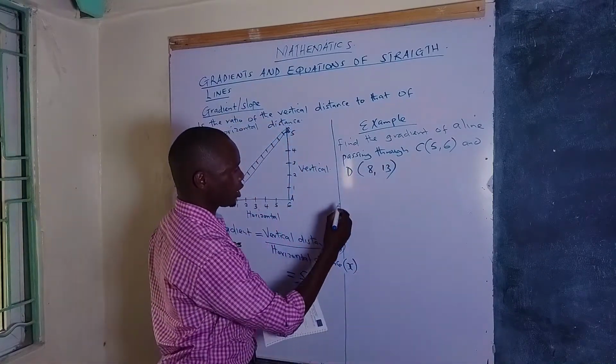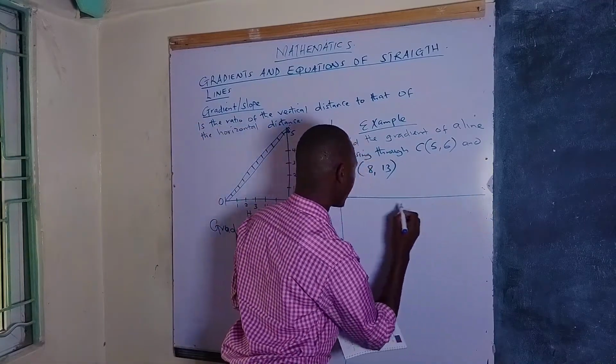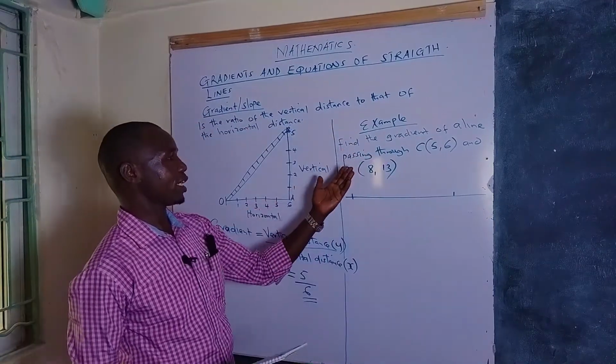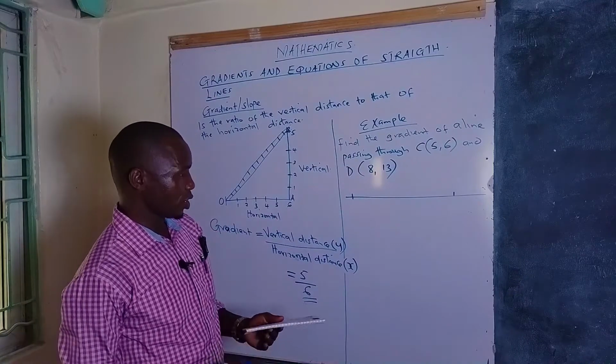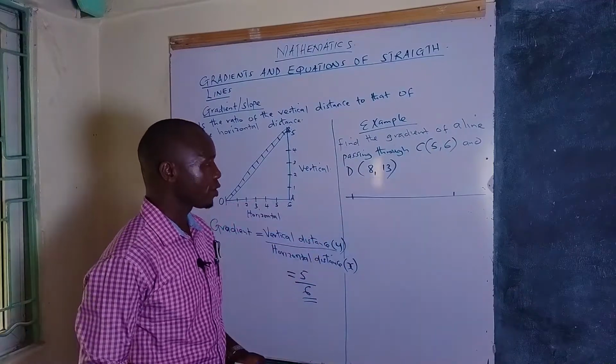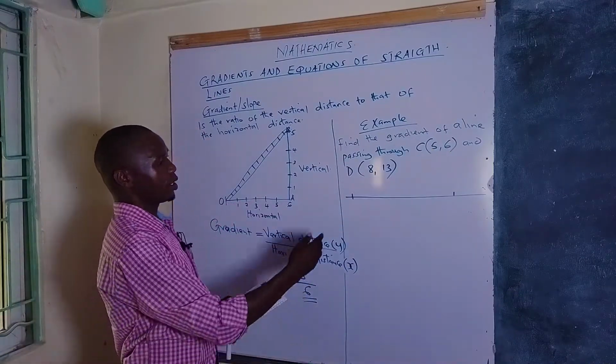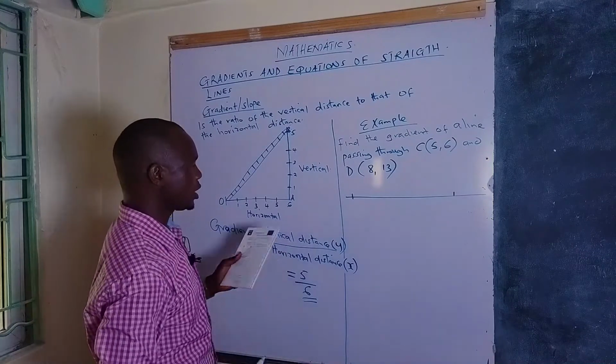So assuming I draw my straight line like this, I find the gradient of a line passing through points C with the coordinates 5, 6, and D with the coordinates 8, 13.